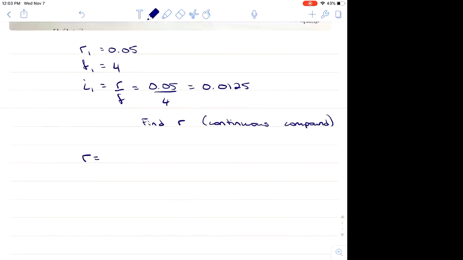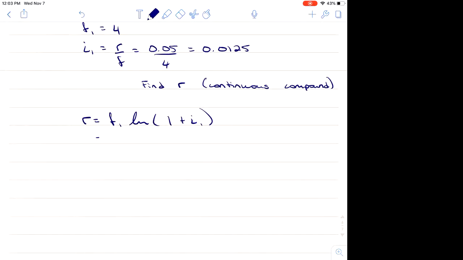R is F1 times the log of 1 plus I1. F1, we're moving from a frequency of 4, times the log of 1 plus 0.0125.